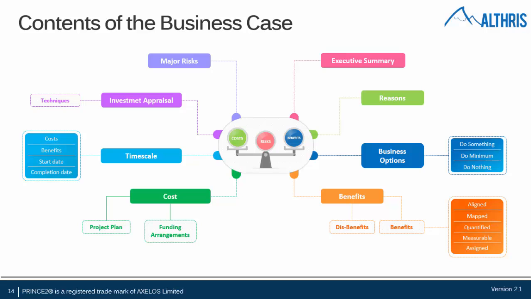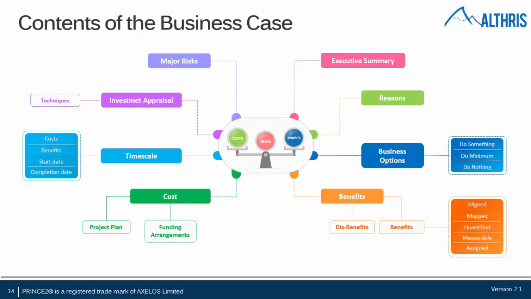We talk about benefits, how they are aligned to the organization, how we're going to measure them, who's going to own those benefits in the end, and disbenefits. In other words, that's a PRINCE2 word used there, negative consequences of the project. We can put information in there about the costs, what the project plan costs are, how we are going to fund this, timescales, the start date, completion dates.